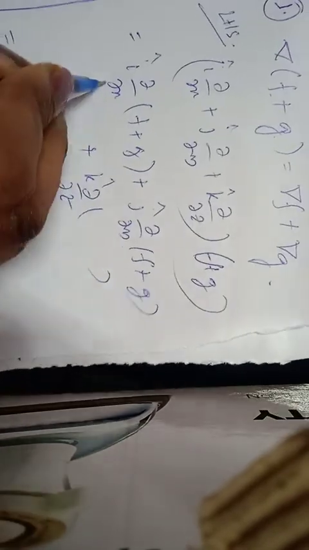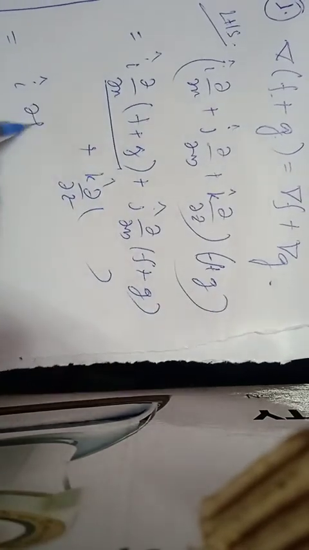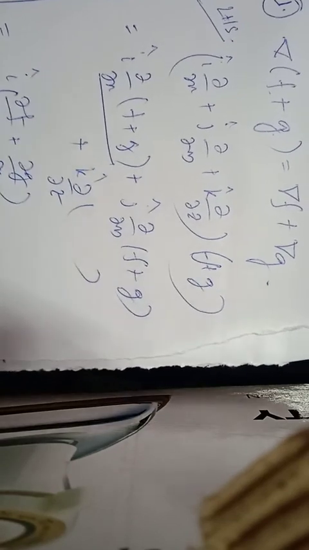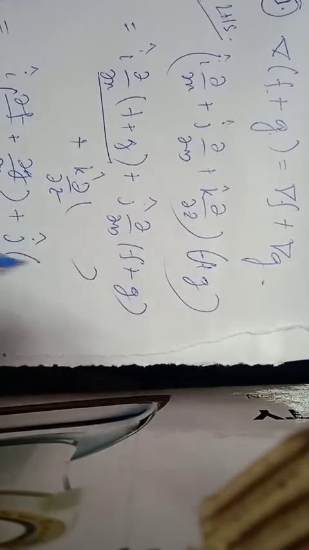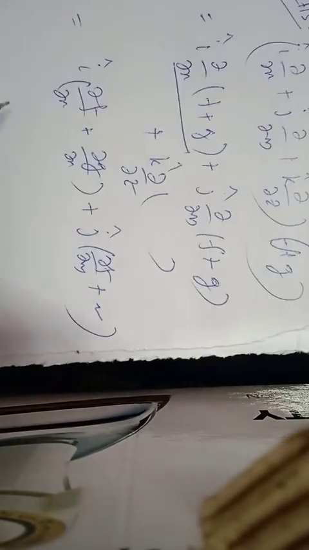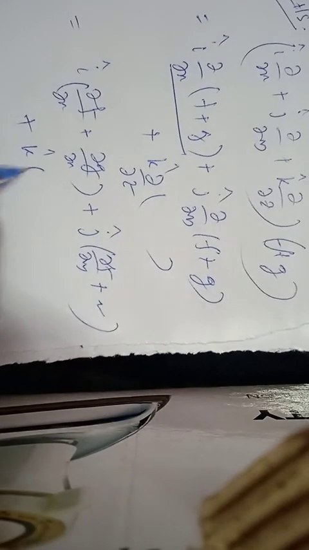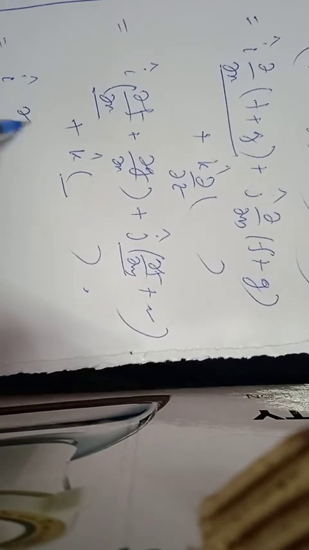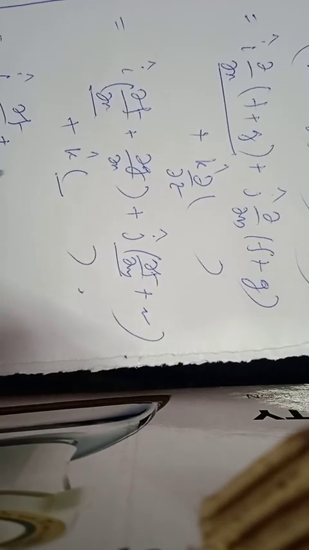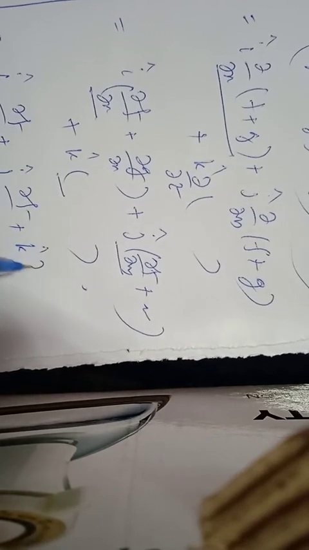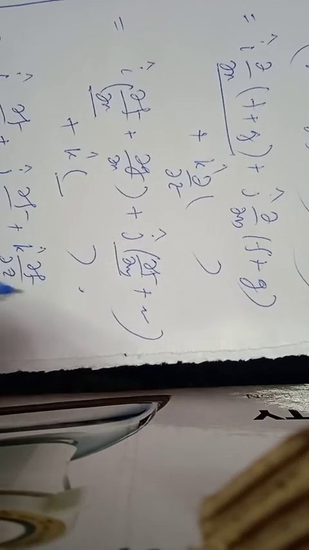Okay, now we can write i cap (del f/del x plus del g/del x), then j cap (del f/del y plus del g/del y), similarly for k cap. Now take the first component from each of the brackets. You will get i cap del f/del x plus j cap del f/del y plus k cap del f/del z.